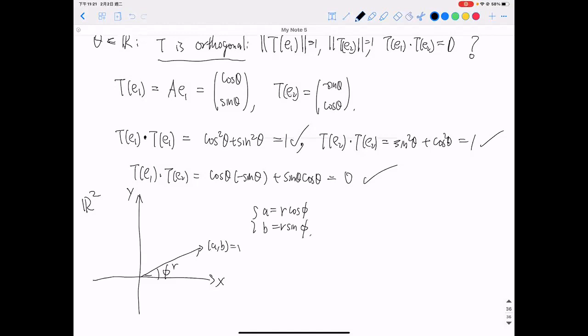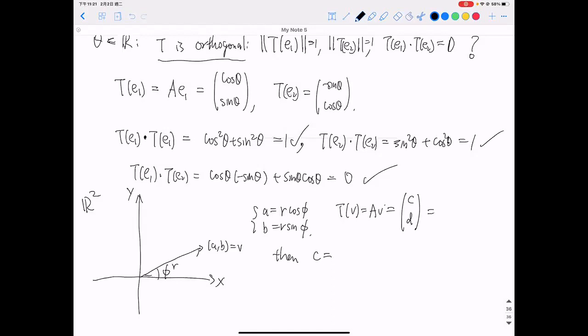Now if this is my vector v, and T of v, which is A times v, is let's call the answer (c, d), then C is equal to what?